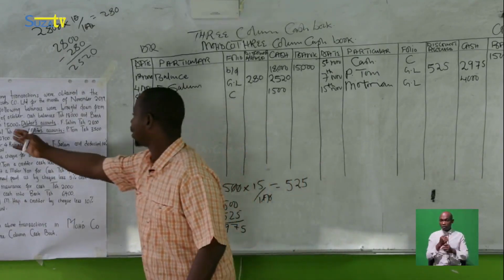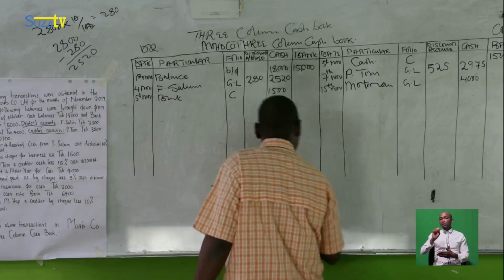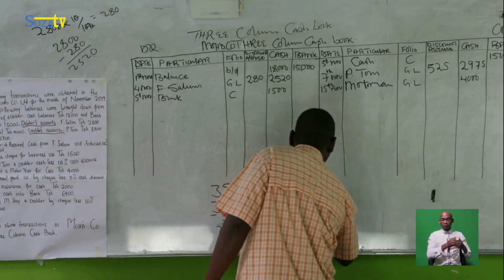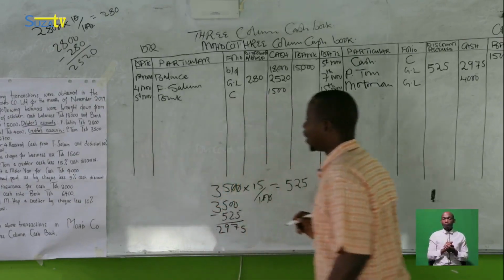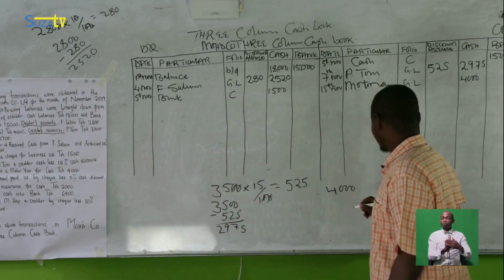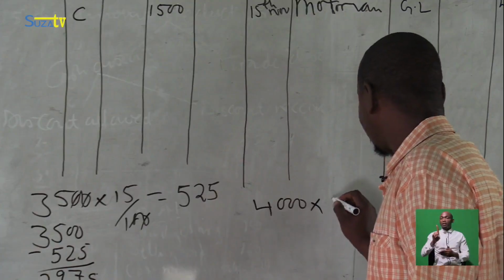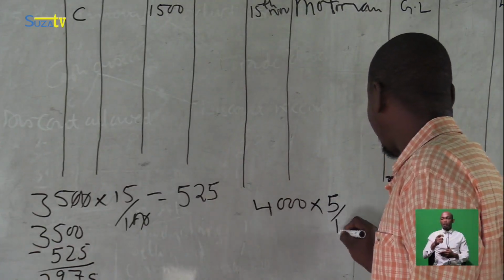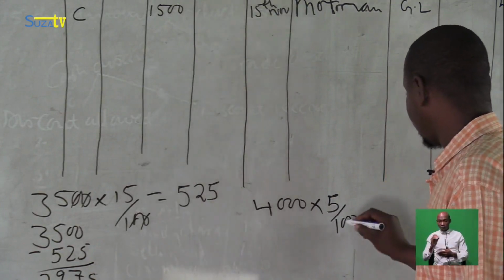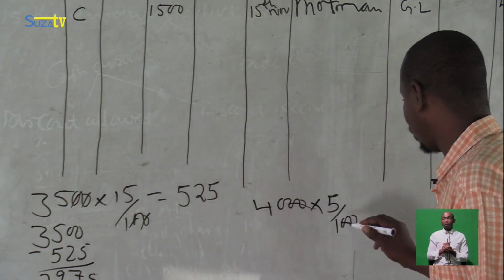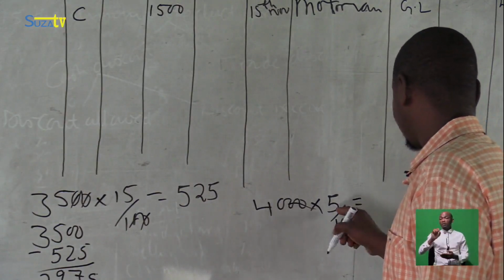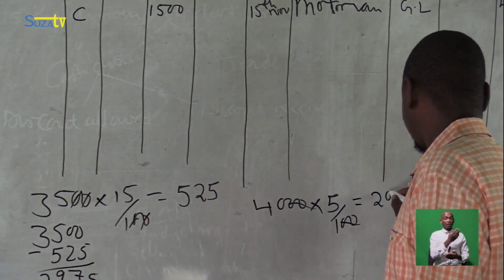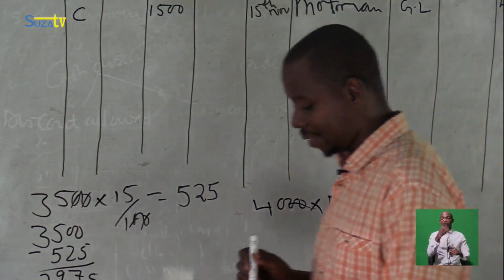Refer here. The business owed H. Smile 4,000. The business provided a discount to H. Smile of 5%. How much is the discount? 4 times 5, 20. It means 200.